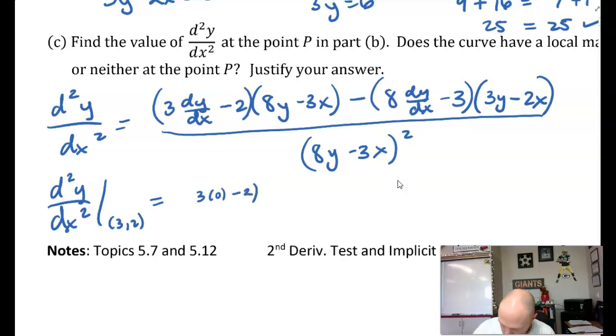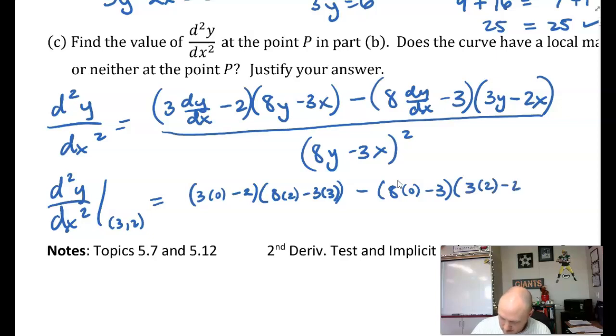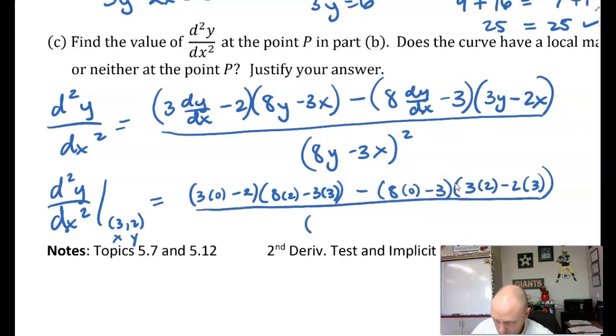So 3 times 0, minus 2, times 8 times y, that's 2, minus 3 times 3, minus 8 times 0 minus 3 times (3y, that's 2, minus 2 times 3, and that's my x value). Again, all I'm doing is plugging in 3 for x and 2 for y. All of this is over 8 times 2 minus 3 times 3, squared.